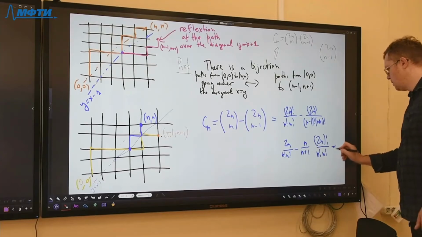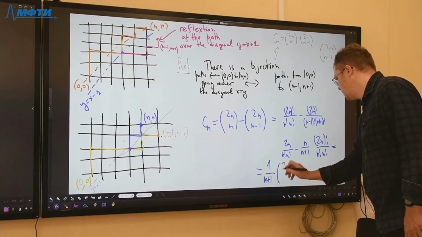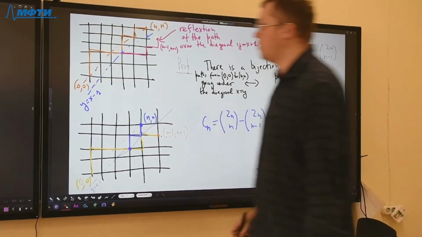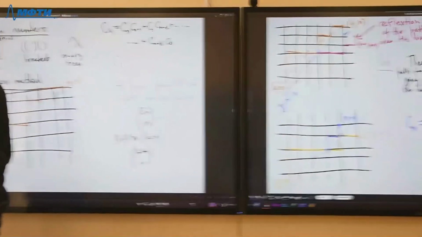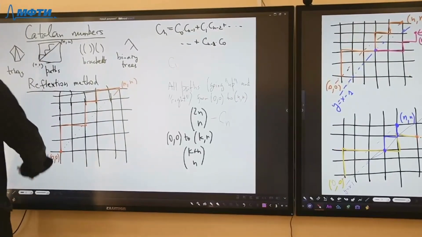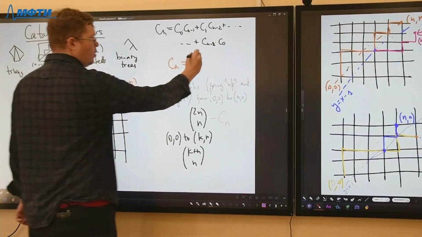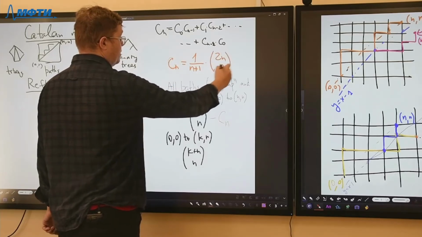And this is equal to 1 over n plus 1 of 2n choose n. So we get the formula Tn is equal to 1 over n plus 1 times 2n choose n.